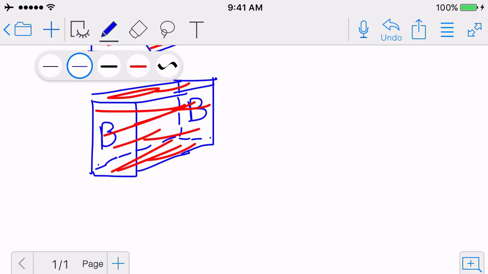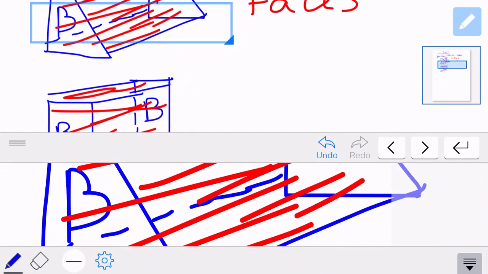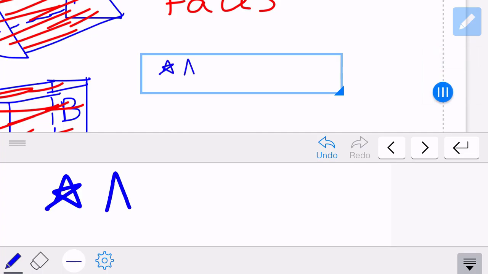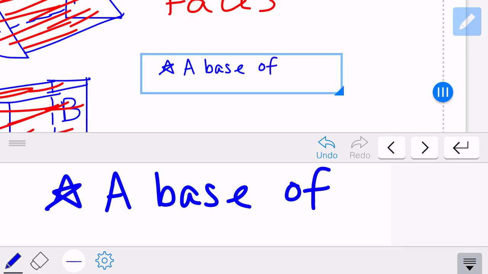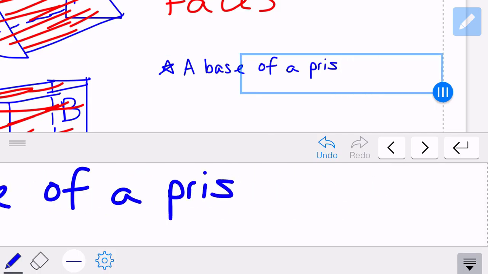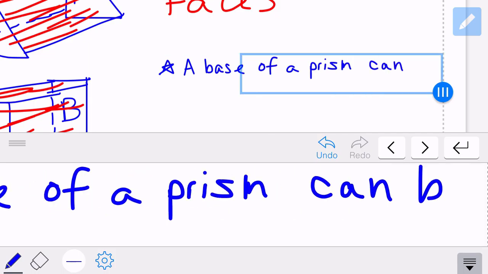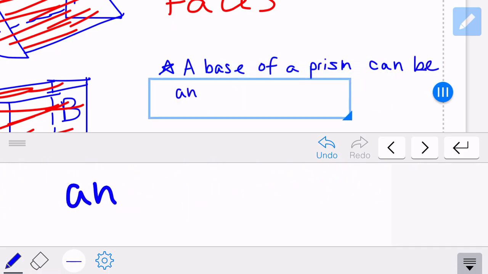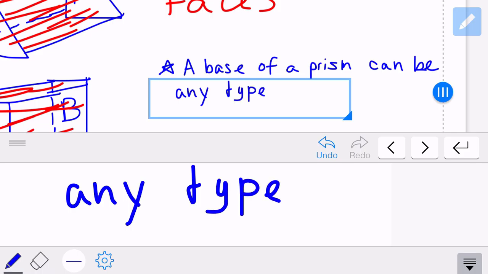And so it's important to note here that a base for a prism can be any type of polygon.